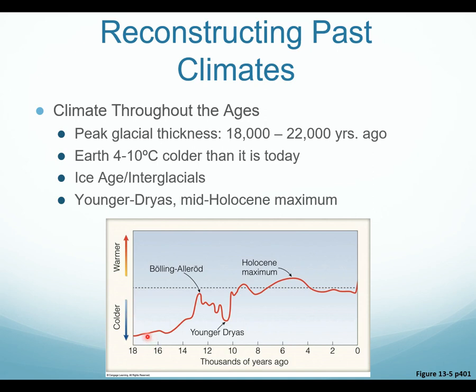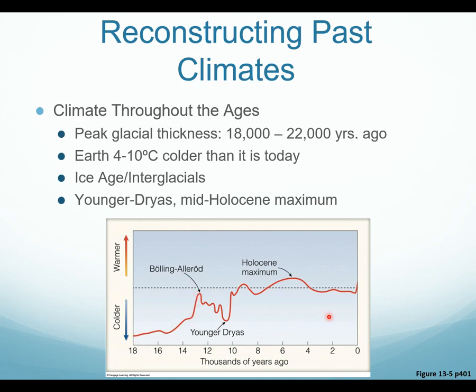Now, we have made a big deal about the most recent increase in temperatures. But this is not the first time it's happened on the Earth. If you notice here, 18,000 years ago, we were at the peak of our ice age. And then roughly 13,000 years ago, bam, we had a sudden increase.